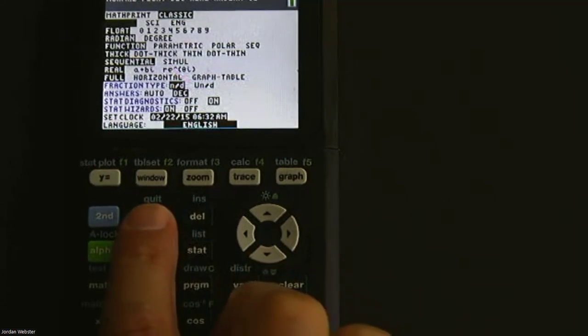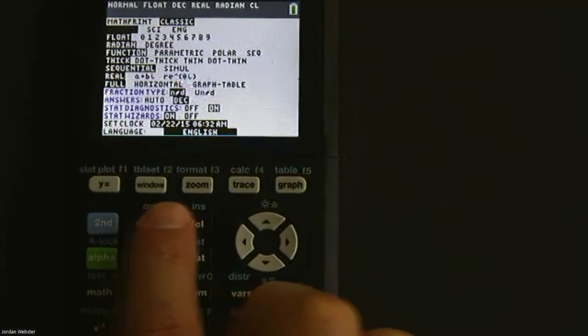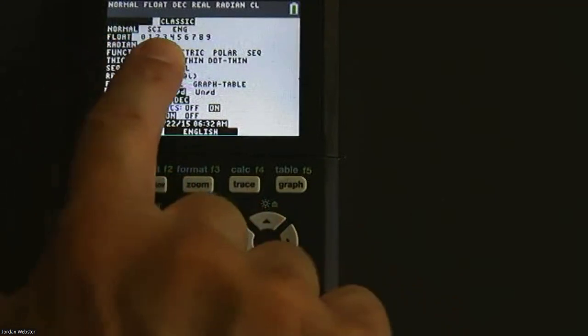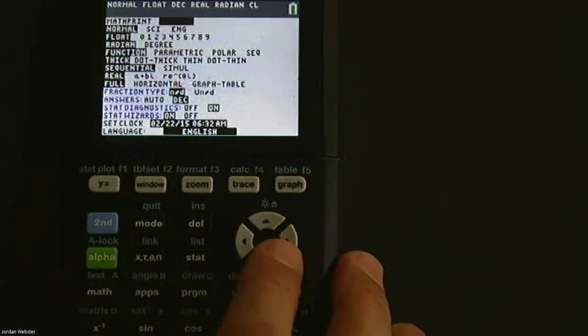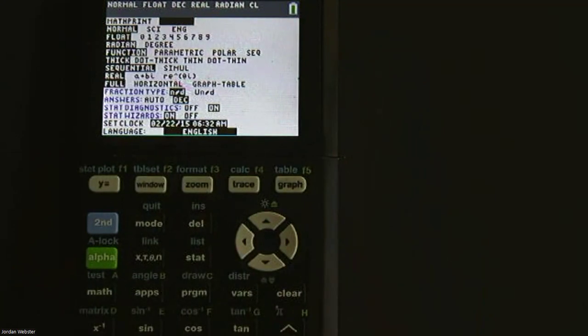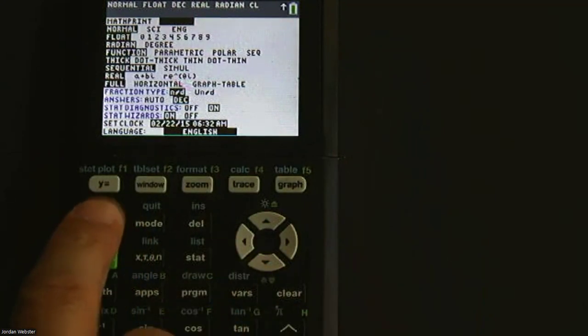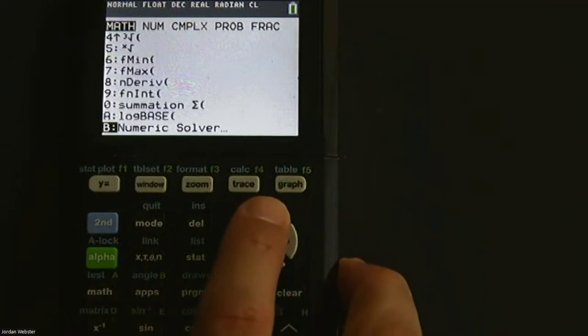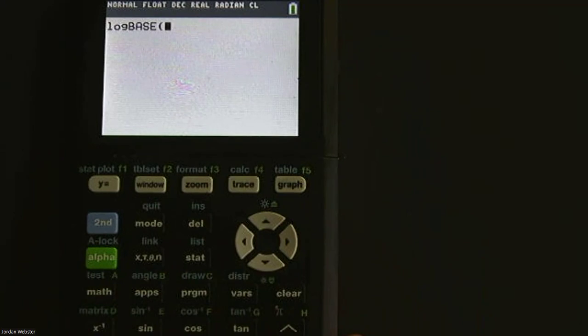By the way, the reason my calculator looked the way it did was because in the mode section, I was using the math print. If you do have the classic mode operating system turned on your calculator, then when you go to math A, you'd have to hit the argument first and then comma 2.